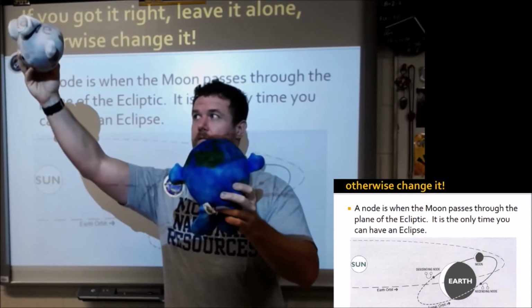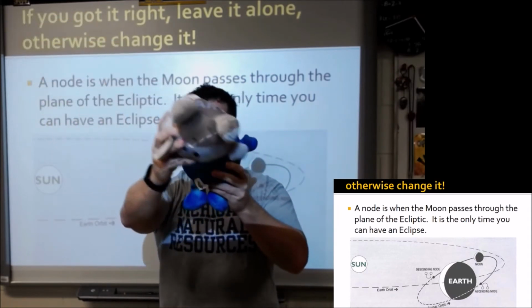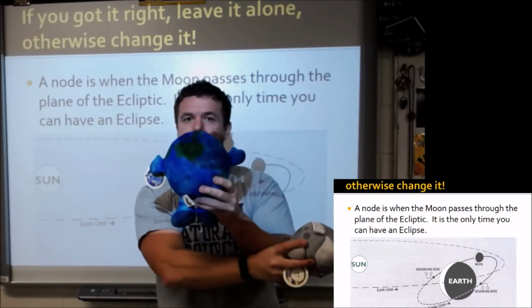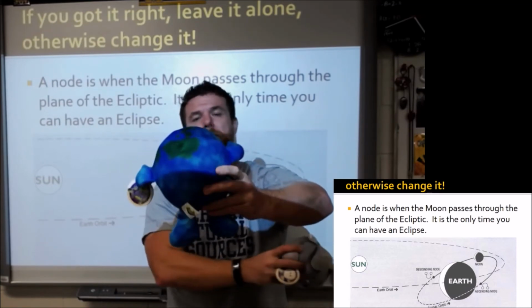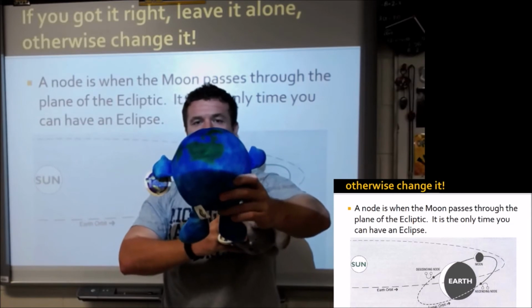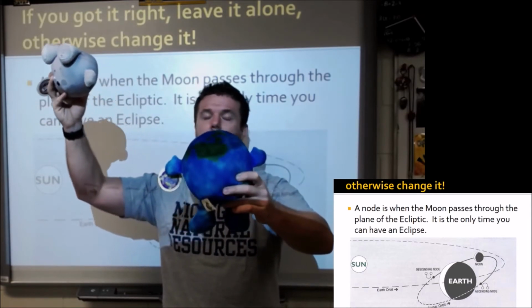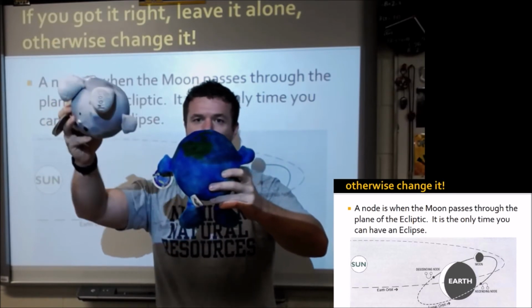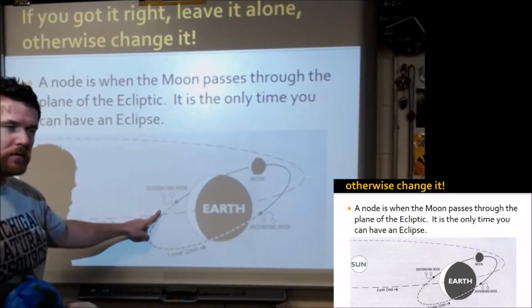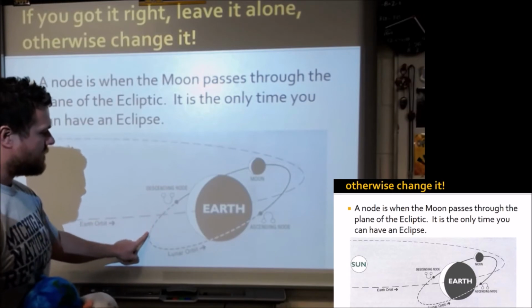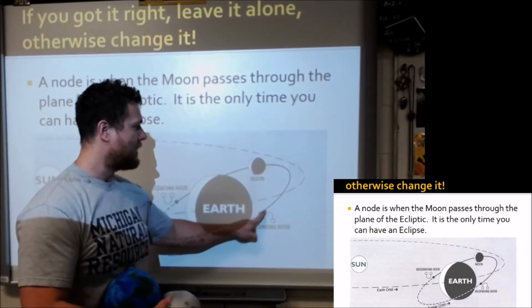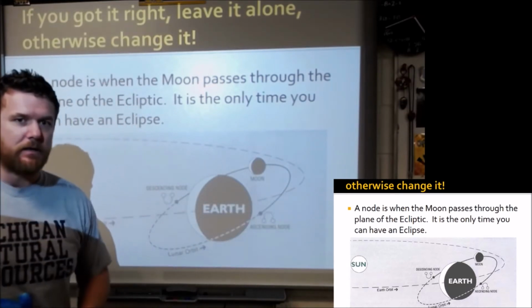As it passes from above to below, that's going to be a descending node. And then on the other side, as it passes from below to above the plane of the ecliptic, that is an ascending node. If it's going down through the plane of the ecliptic, it's a descending node. It's going up through the plane of the ecliptic, it's an ascending node.